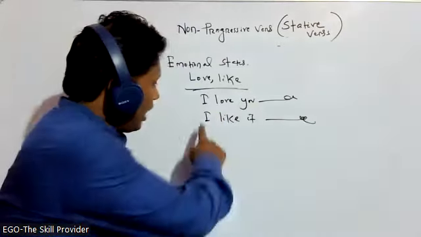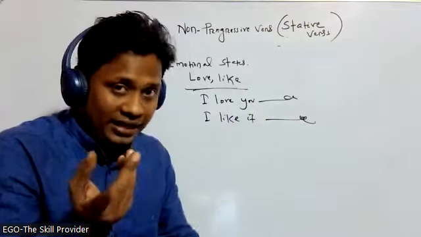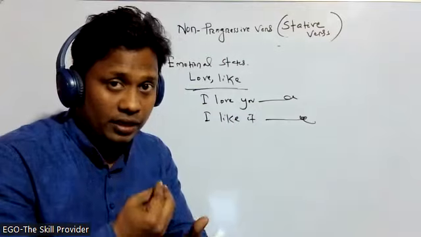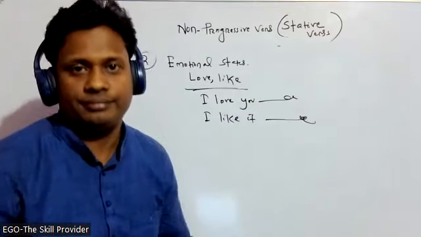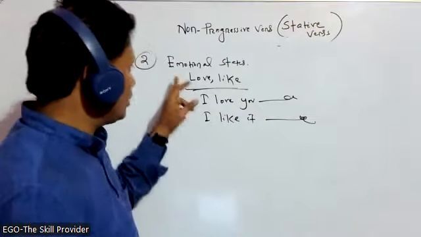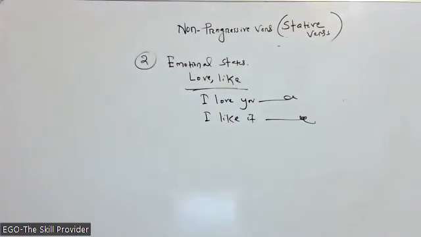I like it. I like sweets. Do you like it? Yeah, of course, I like it. Can you say, yes, I'm liking it? No, absolutely not. So this is something called emotional state. Now this is clear to everybody? Yes or no? Yes, sir.